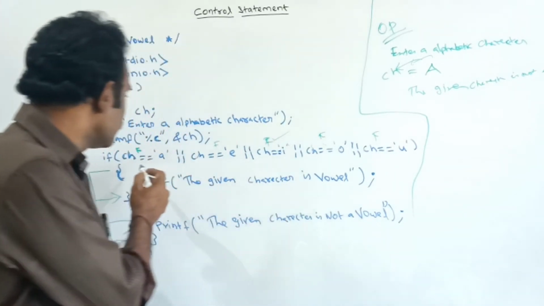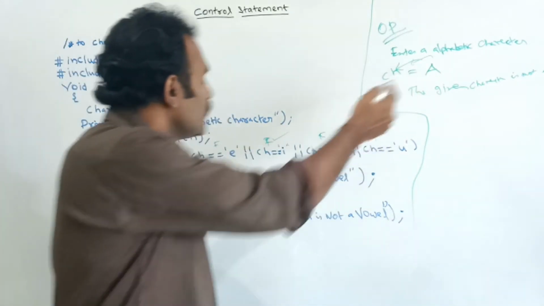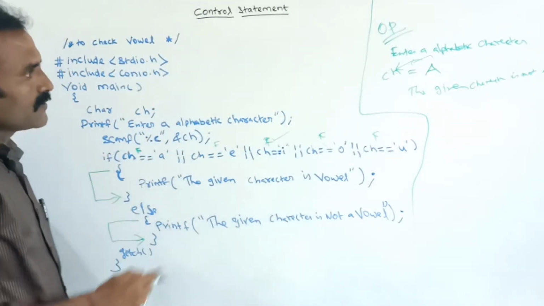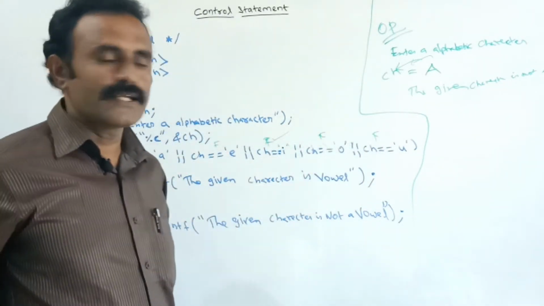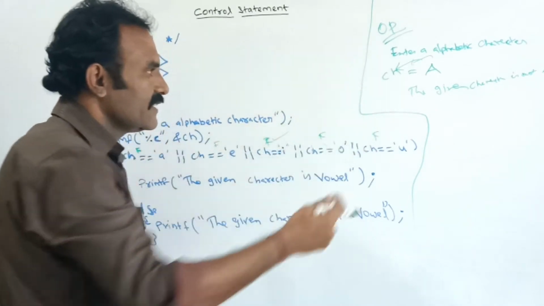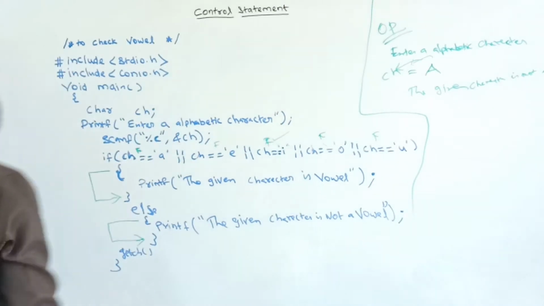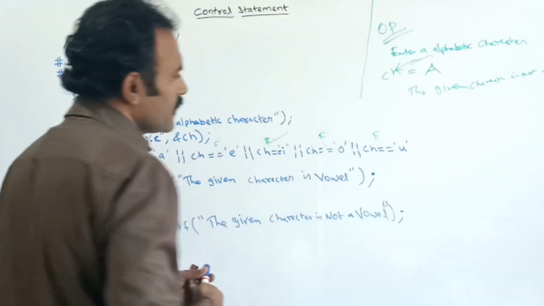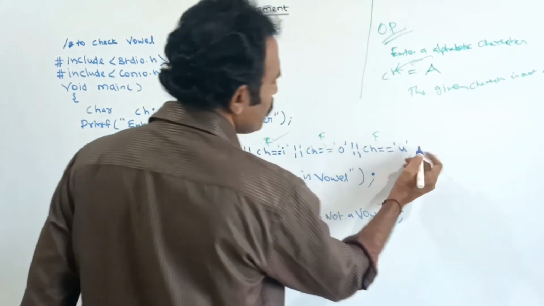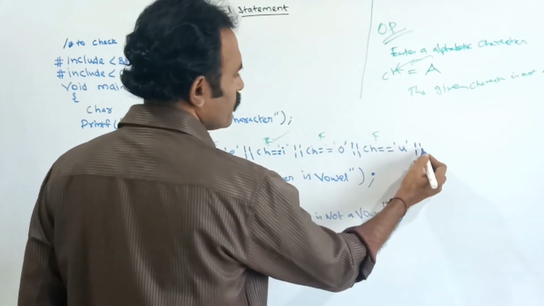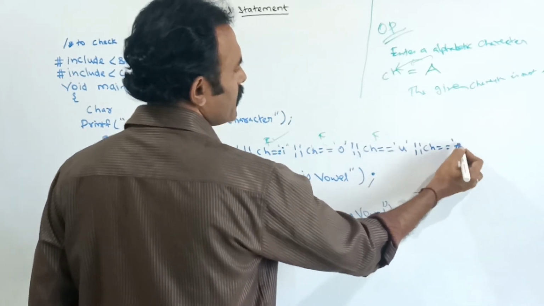Here I had checked the condition with lower case letters only, so this will be false. So we should check for the uppercase letters also, because A is a vowel whether it is a small letter or a capital letter, both are vowels. So you should check for capital letters also. ch is equal to capital A.